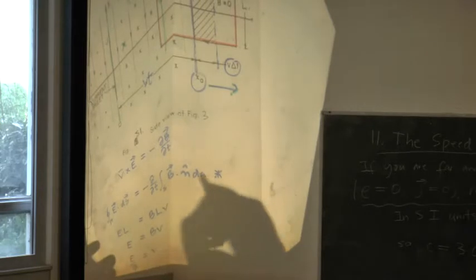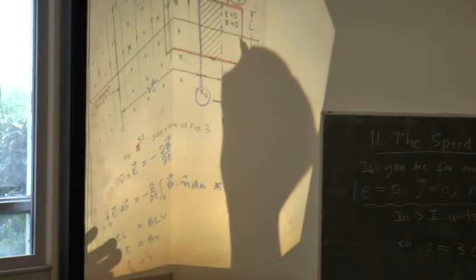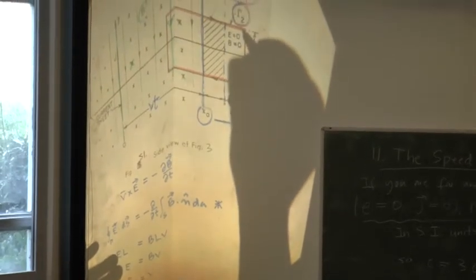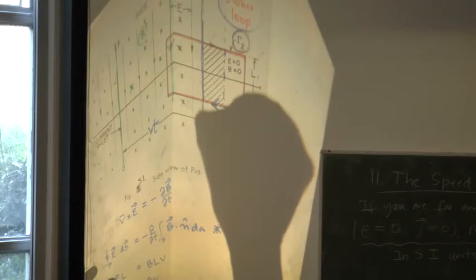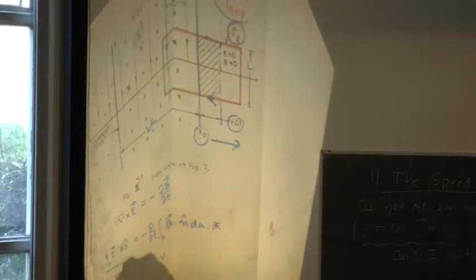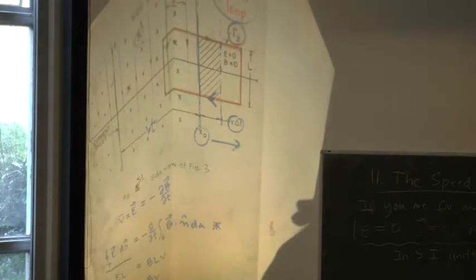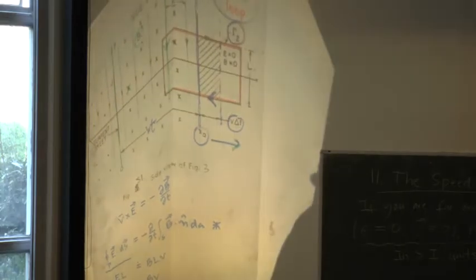But now we can use Faraday's law again, because we've cleverly put this loop around the wavefront. As I go around the loop, looking at this side here, the electric field, remember, is in the negative y direction in this geometry.